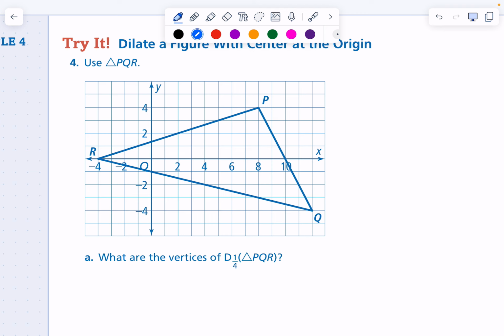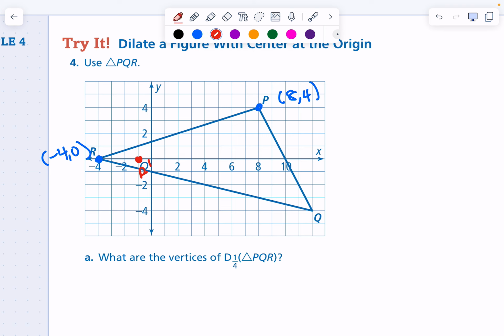What do you think this means? Dilation of 1/4. So this guy right here, its coordinate is -4, 0. Where's the new one going to be? Its new one is going to be at -1, 0. This guy right here, P, is 8, 4.